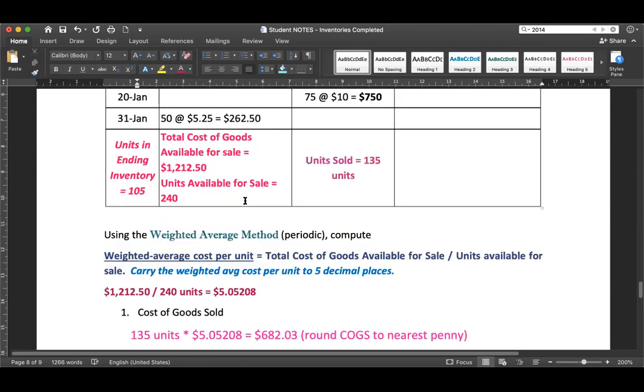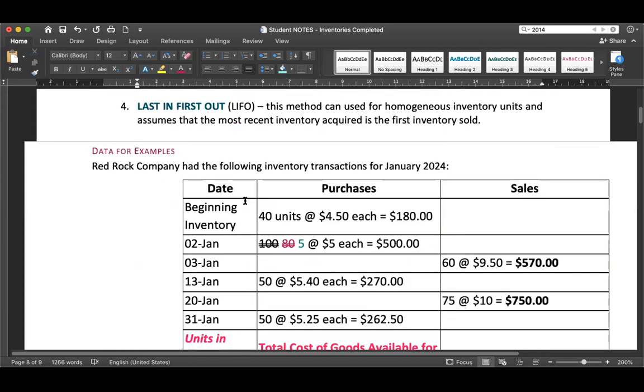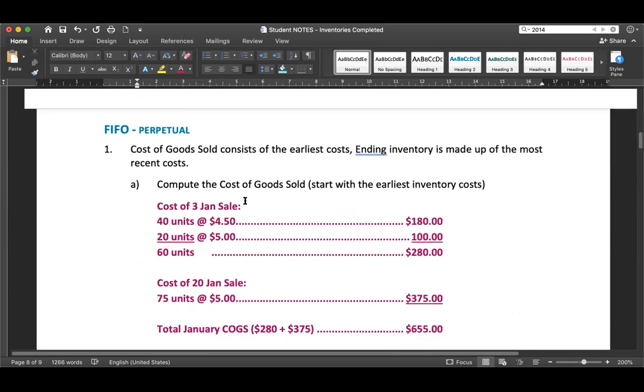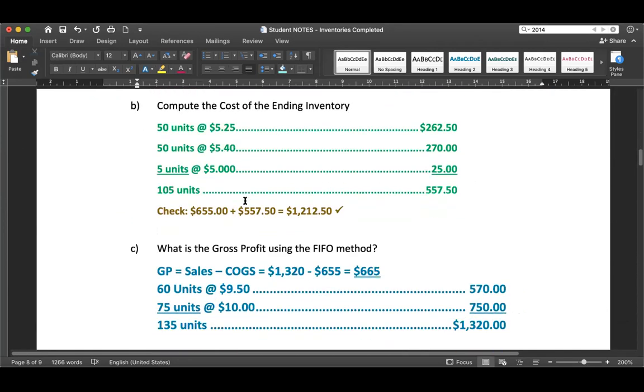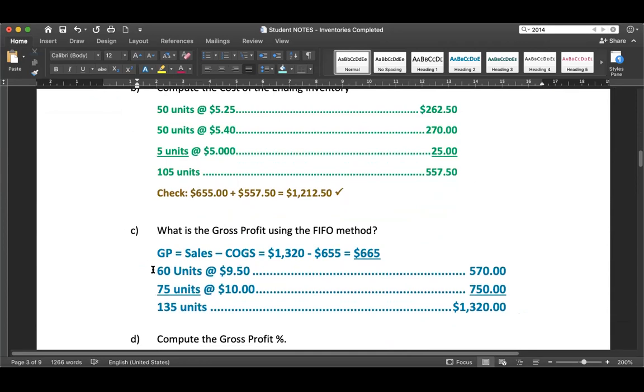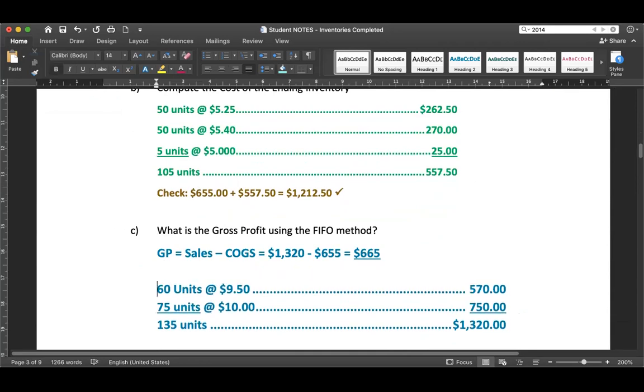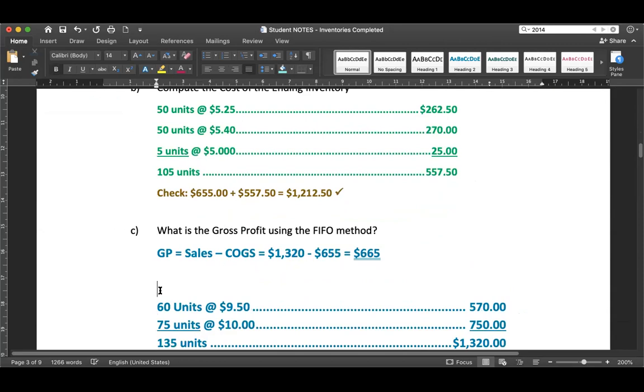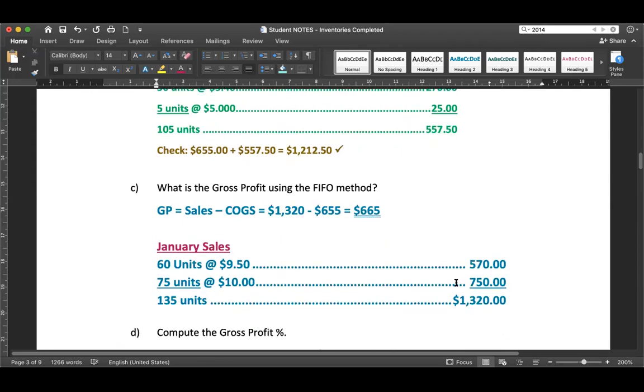All right, so what's our gross profit? Well, I'm going to scroll back up here to this point, and remember, let me add a couple lines here, and this is the January sales. The January sales were $1,320 and no cents.